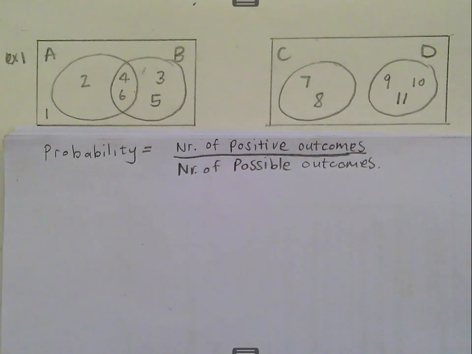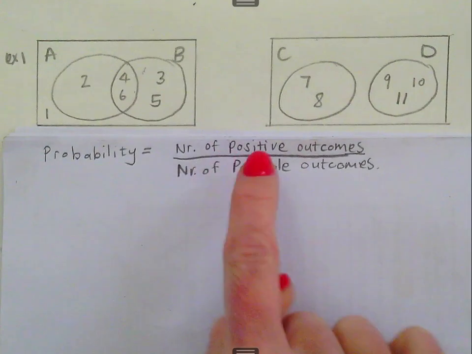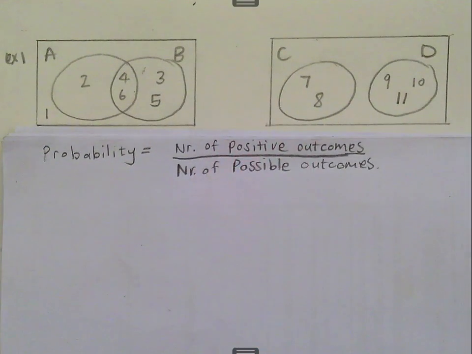So I know you all know this for a long time, but I'm just going to explain it so that everyone is clear. If I say I am going to close my eyes and choose a learner at random out of this class, what's the probability that I will choose a girl? Okay, so we're going to look at the number of positive outcomes. If it's positive, that means it's the one I'm referring to. So I'm referring to the girls. How many possible girls can I choose from?